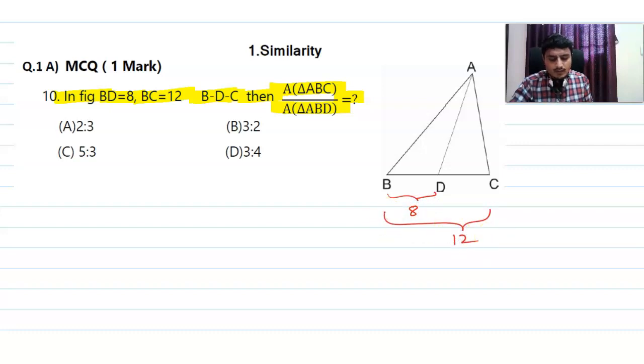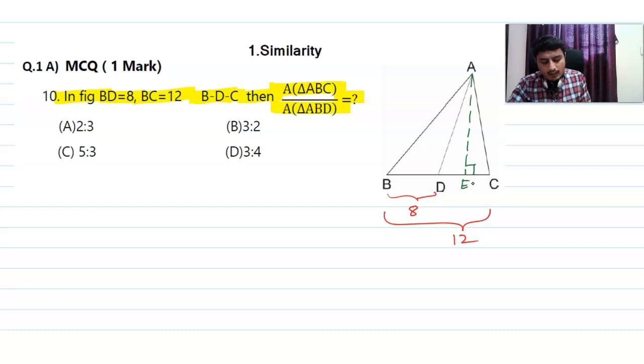Now in triangle ABC and ABD, vertex A and vertex B are the common vertices. So once we draw the perpendicular from vertex A on its opposite side, let AE be the perpendicular on BC.